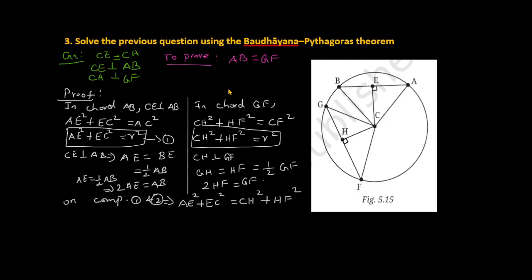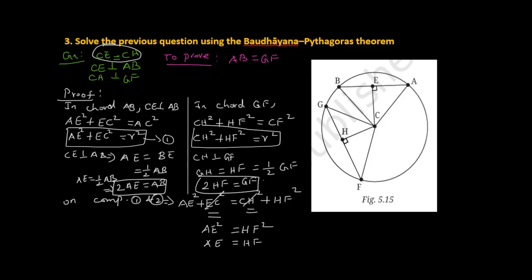What about the given condition? CE is equal to CH, these two are equal because that is given. So we can cancel them, and we will have AE squared is equal to HF squared. So AE is equal to HF.